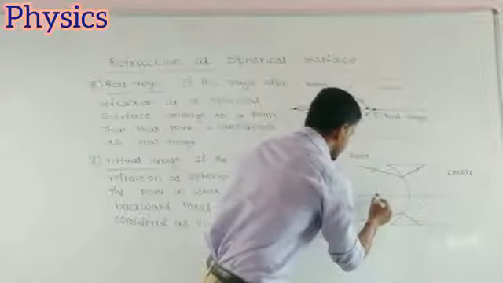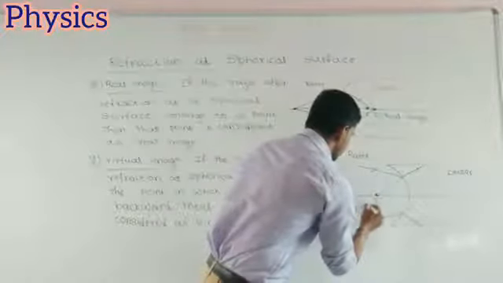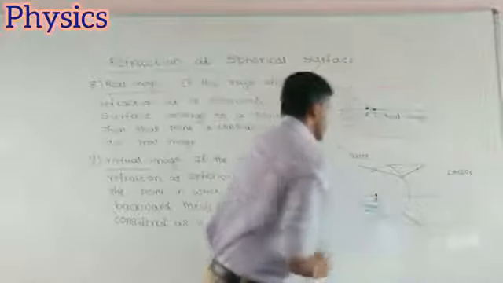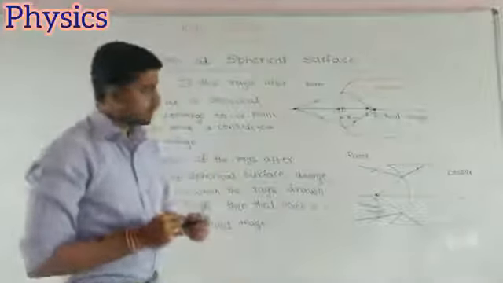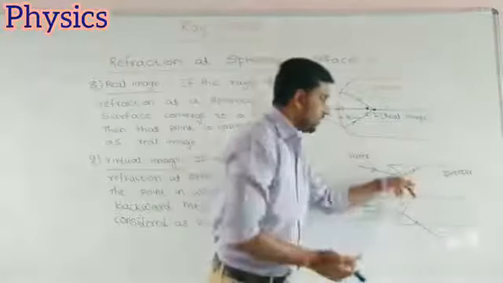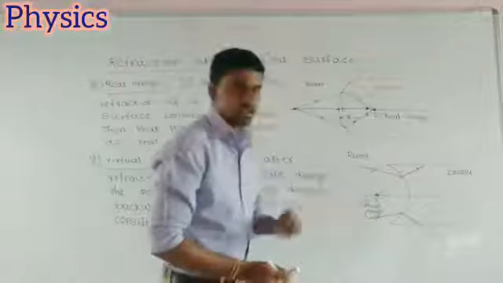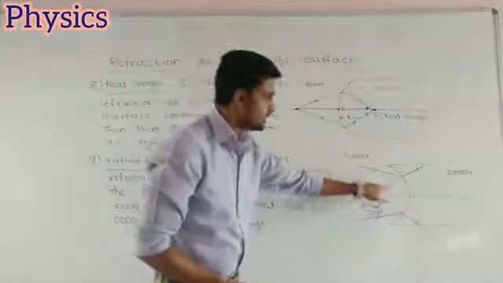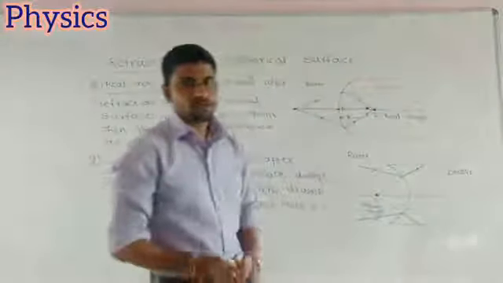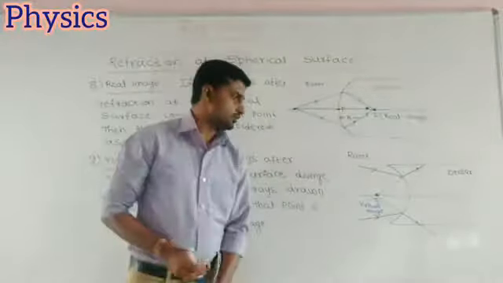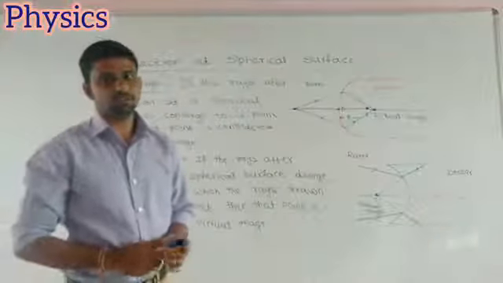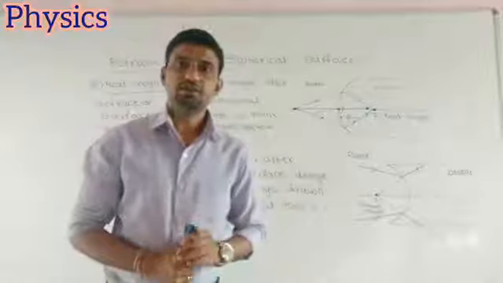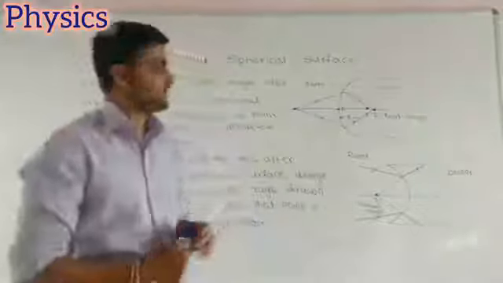Now here you are getting the image, that is the virtual image. Understood? Because of extending both the refracted rays backward, you are getting this point. That point is called a virtual image. Those are some important terms which we use in the case of a spherical surface.